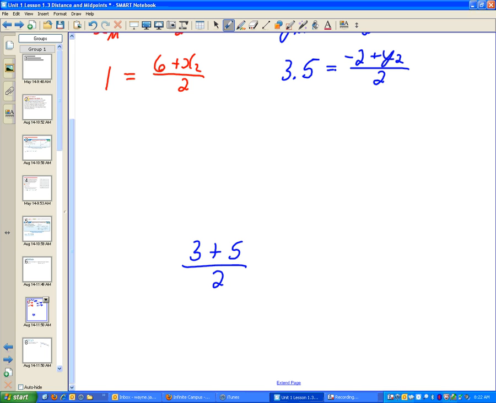And then I was going to divide it by 2. But then I multiplied it by 2. So we know what 3 plus 5 is. We know what it is when we divide it by 2. We know what we get when we multiply by 2. We're back to just 3 plus 5, aren't we?